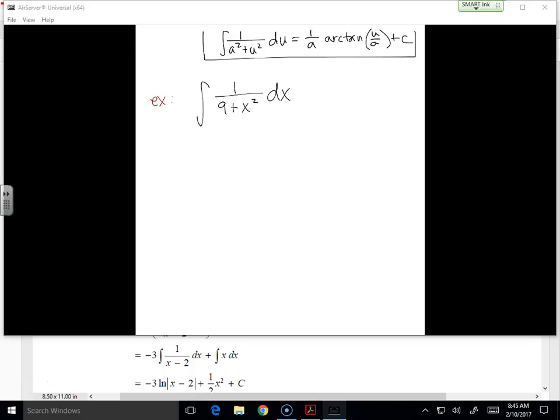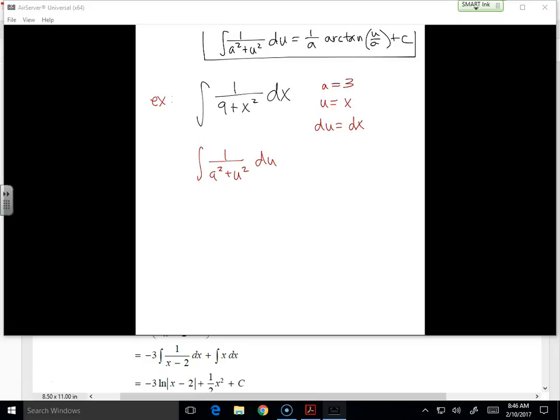Exactly. Think of 9 as 3 squared, or think of a as 3, right? So who's a? 3. Who's u? x. Who's du? 1 dx. Oh, that's not bad, right? Because now I can plug in and I have 1 over a squared plus u squared du.